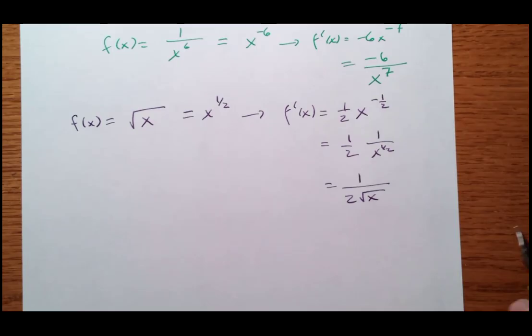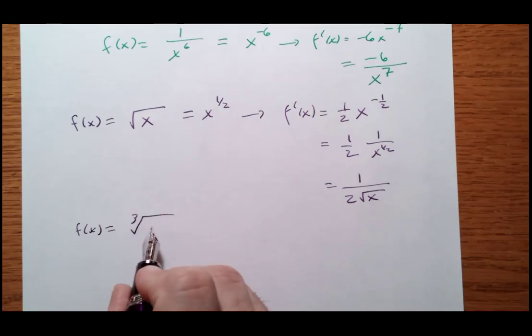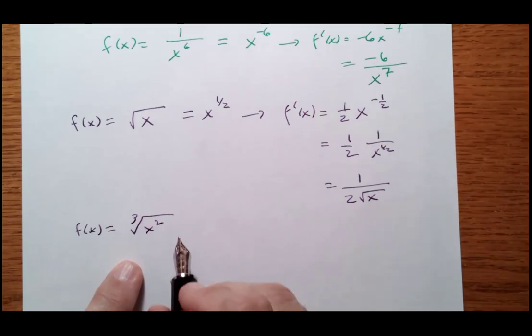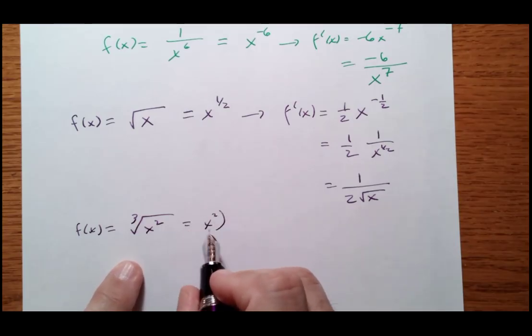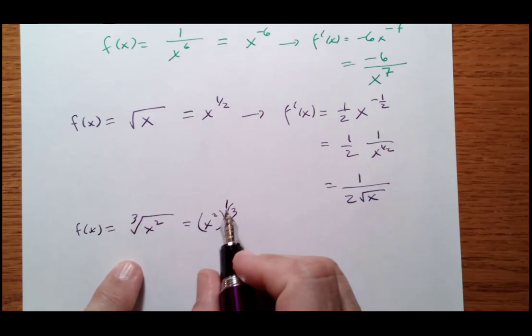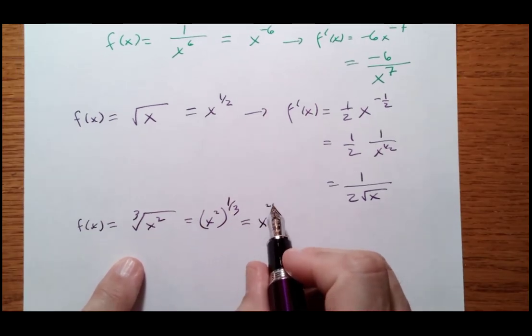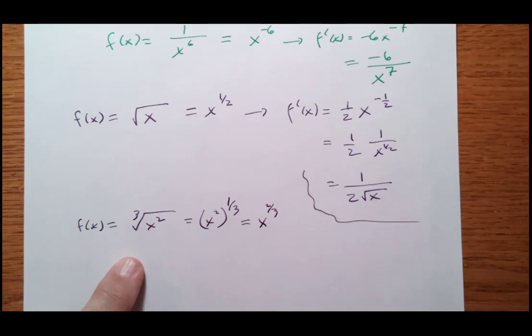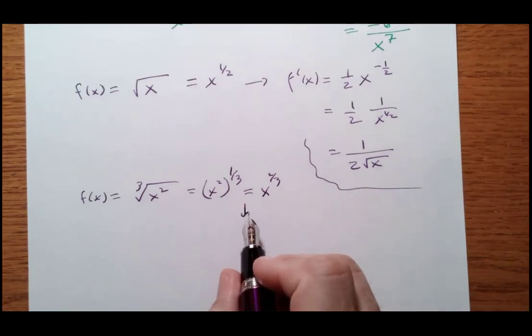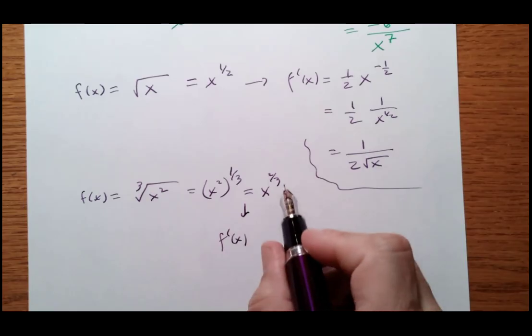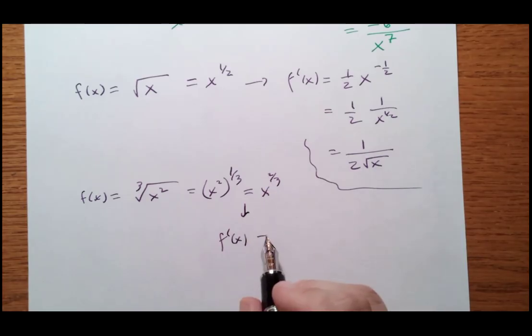Power rules work for any powers at all. f of x is the cube root of x squared. Well, that's a cube root, and a cube root is a 1/3 power. But now I've got a power of a power, and that means I multiply my powers. And that means that my derivative is taken from x to the 2/3.